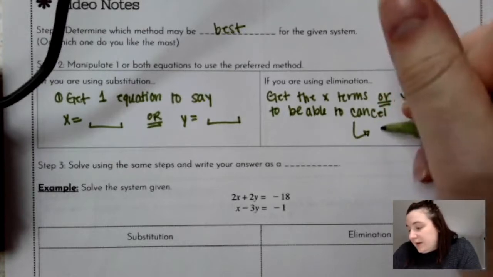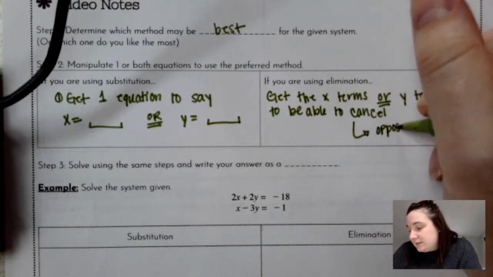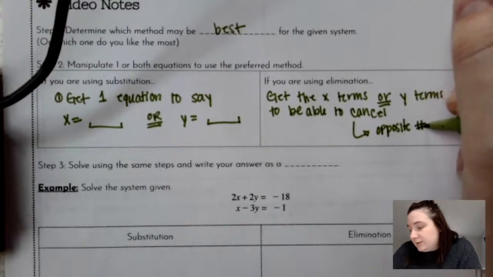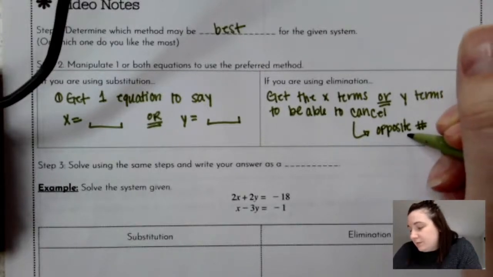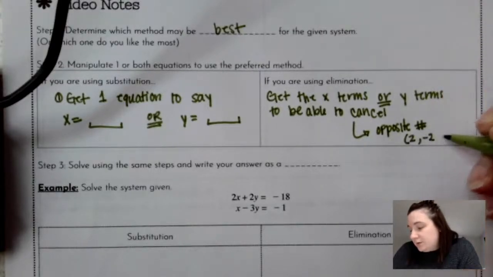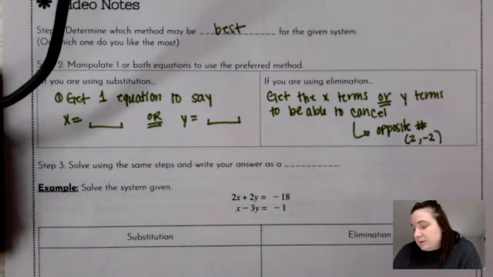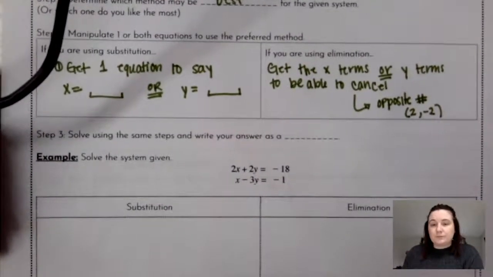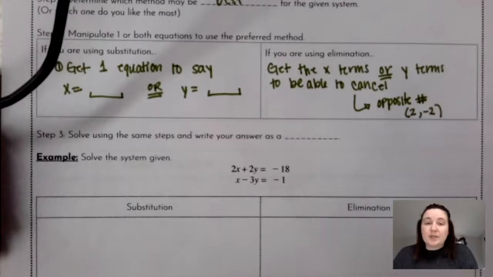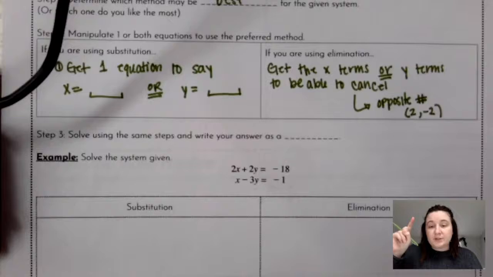The way we do that is they need to be opposite numbers, so 2 and -2 is an example. So with elimination, we need to set it up so that when we add, one of our terms, either the x's or the y's, eliminates.